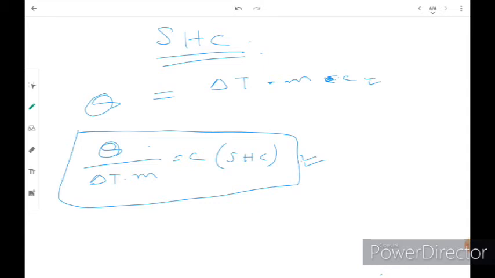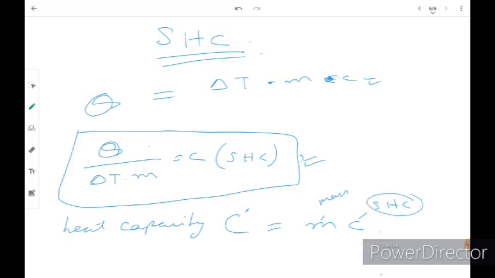Now let's look at heat capacity. For heat capacity I am writing a big C, which is nothing but mass into specific heat capacity.